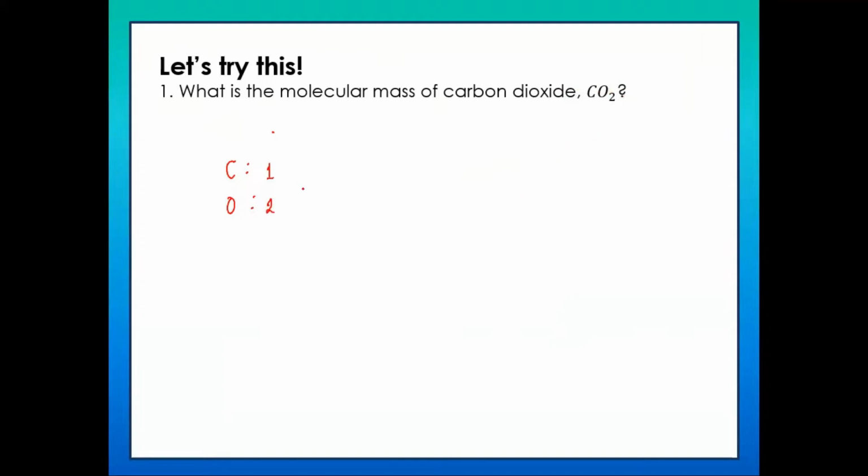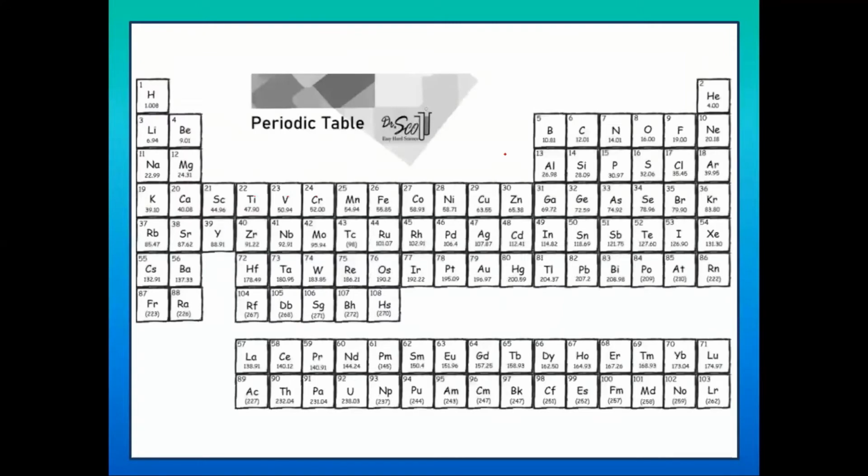Now, the next thing that we have to do is find the atomic mass of each of these elements using the periodic table of elements, which is this one. Let's go back to this slide. We're looking for the atomic mass of carbon and oxygen. For carbon, 12.01, and for oxygen, 16.00. You can actually screenshot this one so it's easy for you to get the atomic mass.